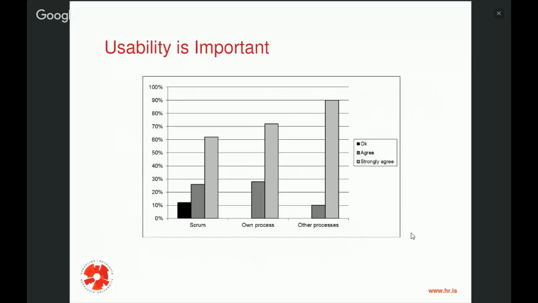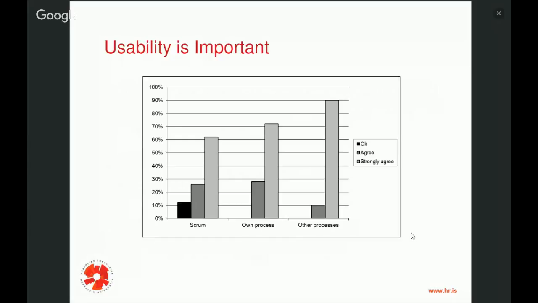But we were interested in if they think usability is important. And I was a bit disappointed with this result because we asked them to say if they strongly agree that usability is important, they agree, or they say, okay.